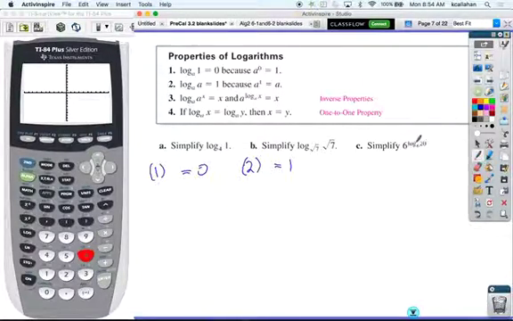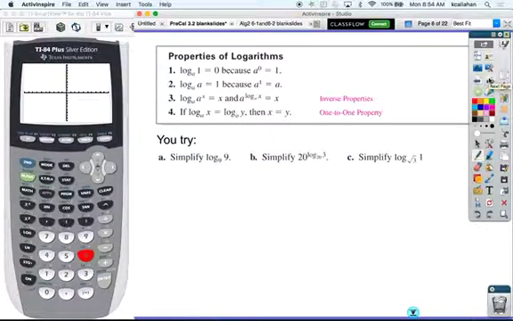So 6 to the log base 6 of 20 equals 20, and that is by the third rule. Okay, so try to do these three. Use the same properties and see if you can simplify.